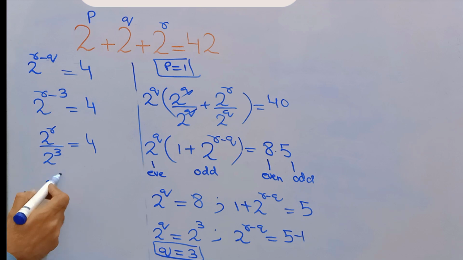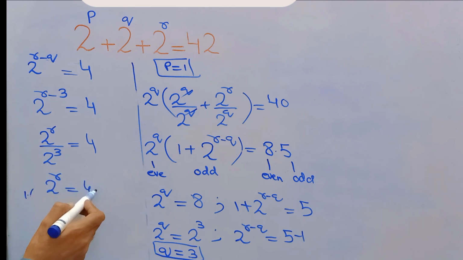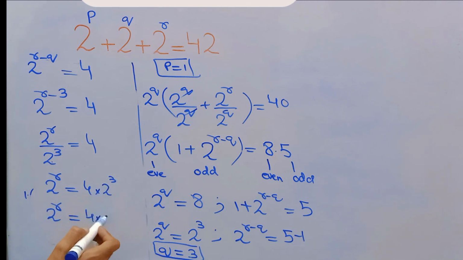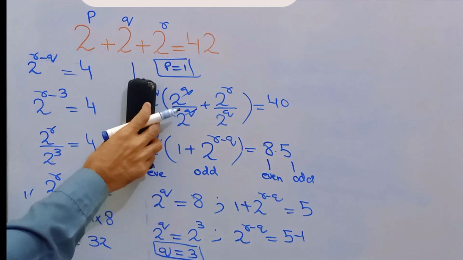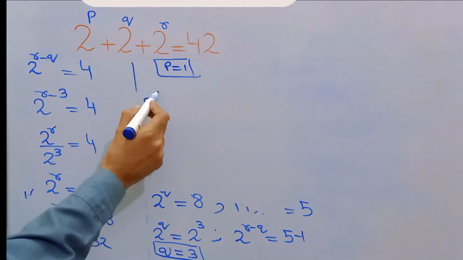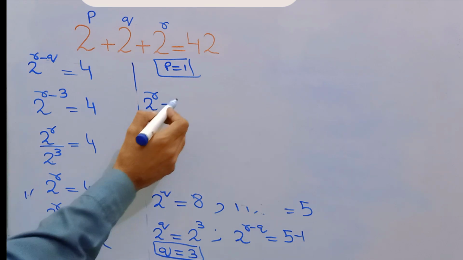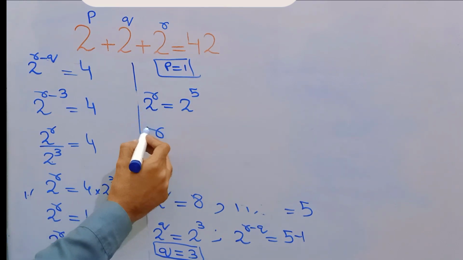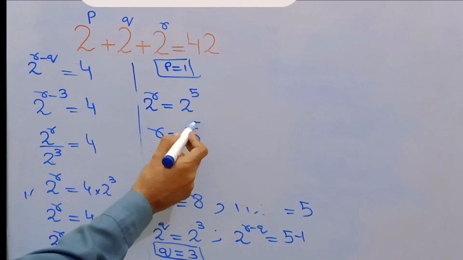The next 2^r is equal to 4 multiply 2^3, that is 8. The next 2^r is equal to 4 multiply 8, that is 32. The next step student, 2^r is equal to 32. It can be written as 2^5. Then base are same, then r is equal to 5.